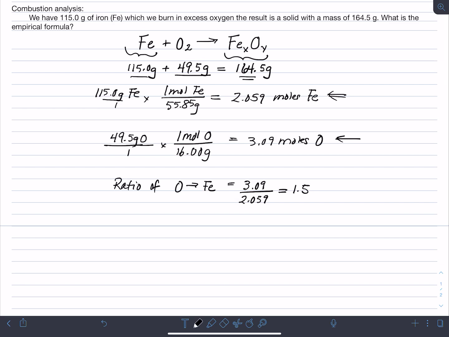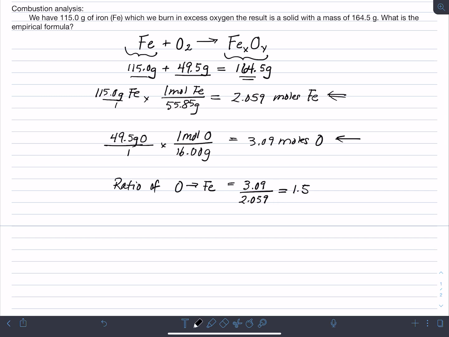Okay, so for every 1 iron, I have 1.5 oxygens.